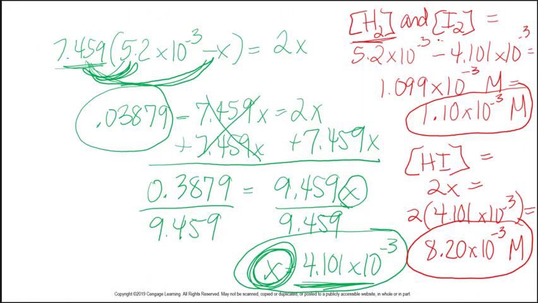The concentrations for hydrogen and for iodine, I plugged in my 5.2 times 10 to the negative 3 minus my x value, and I rounded to 3 significant figures, so 1.10 times 10 to the negative 3 molarity, moles per liter. And for HI, we had to do 2 times x. So 2 times the value I just found with 3 sig figs, 8.20 times 10 to the negative 3 M.